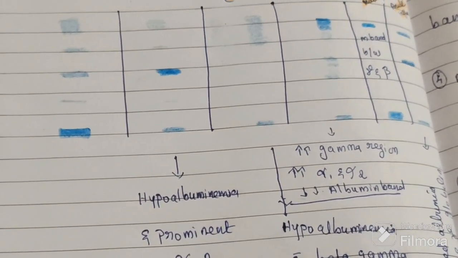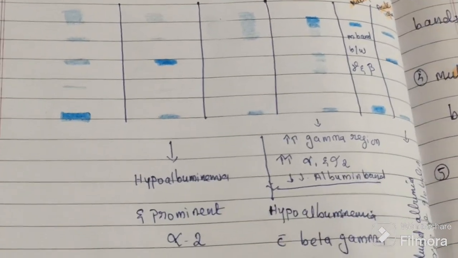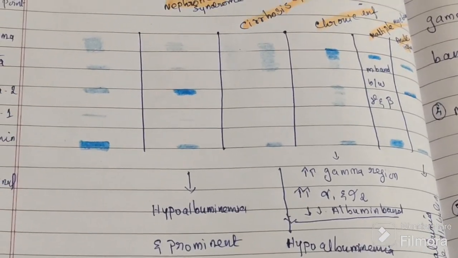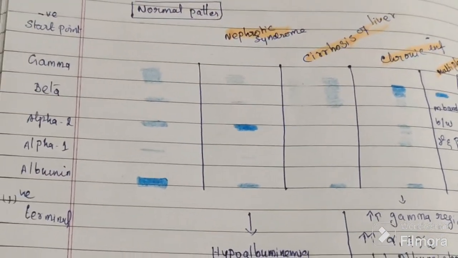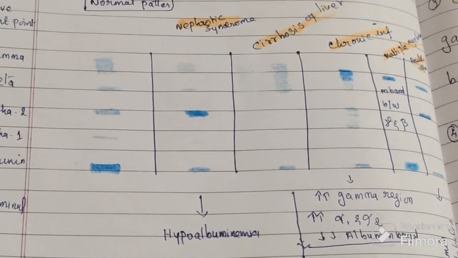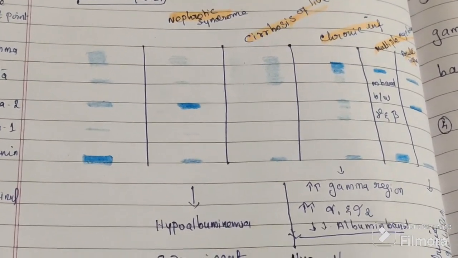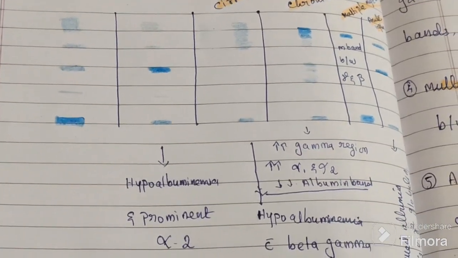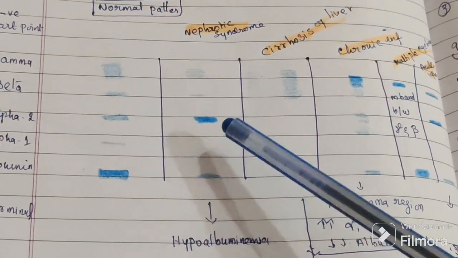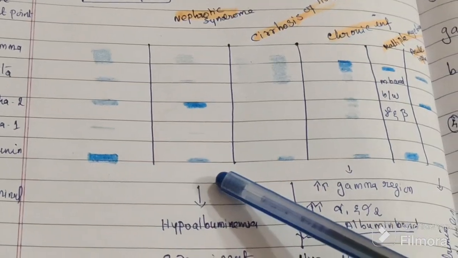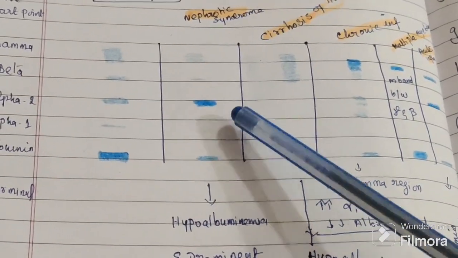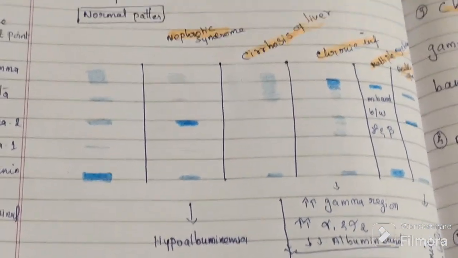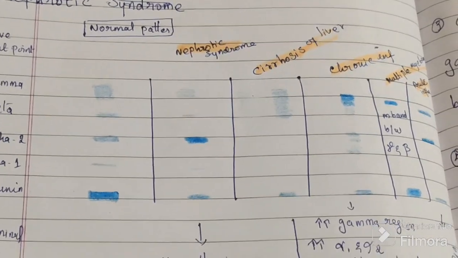From the electrophoresis pattern, we can understand that the nephrotic syndrome patient's serum shows hypoalbuminemia and a predominant alpha 2. By using these two characteristics, hypoalbuminemia and alpha 2 band, we can confirm nephrotic syndrome.